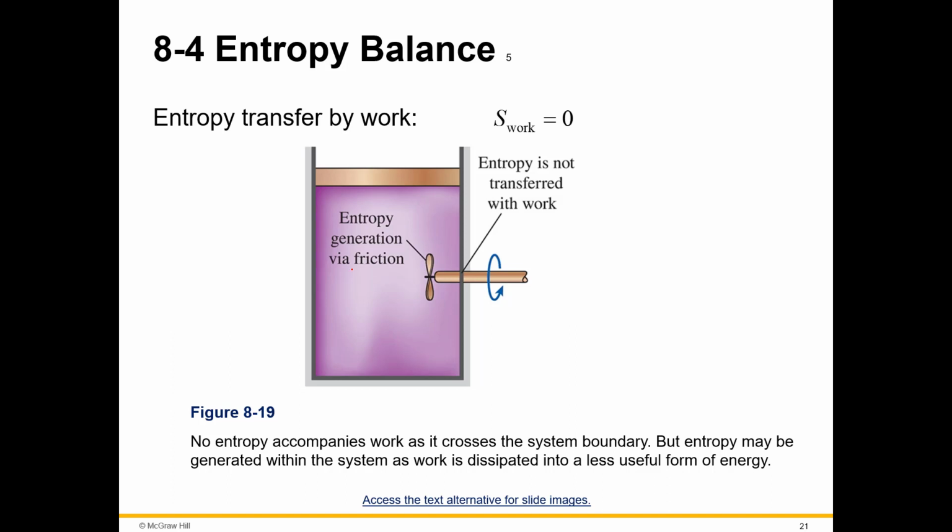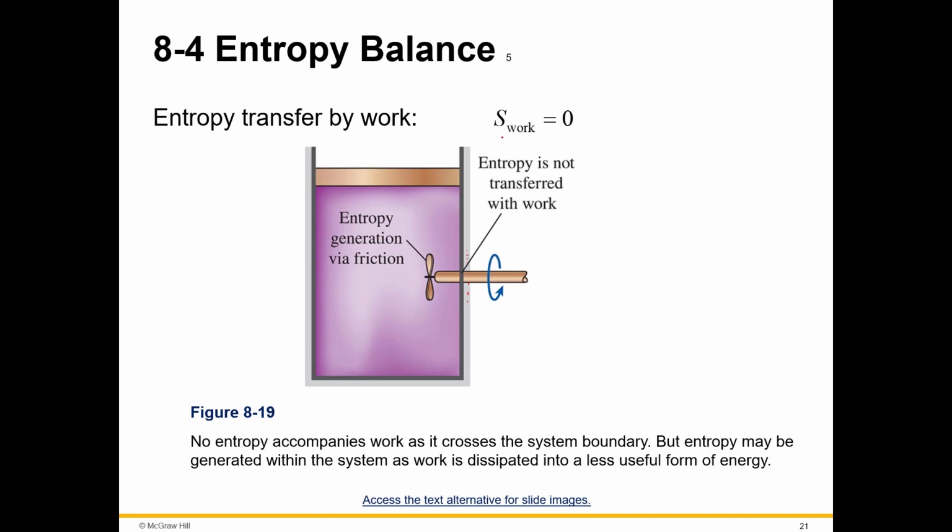So we still have it because energy is being transferred, right? When we're calculating, it's not happening on this wall. So entropy is not transferred with the work. It's a generation via the friction, a byproduct of it. So where you have it, it will generate, but not so much as being accompanied.